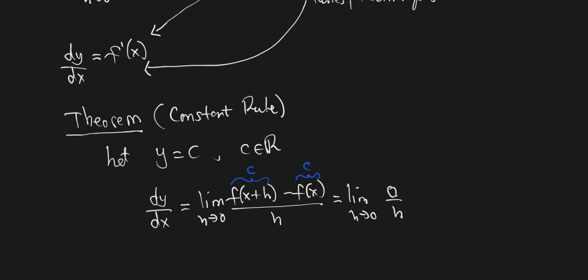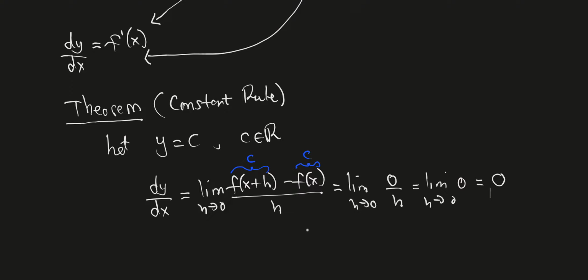But the numerator is equal to 0. So if I have a fraction with 0 in the numerator and something small in the denominator, then that fraction simplifies to 0. So we end up having the limit as h approaches 0 of 0, which is a constant, so we end up with 0, right?